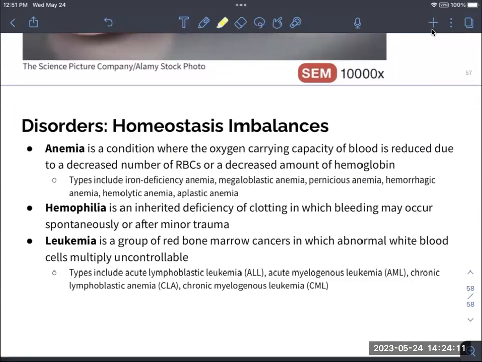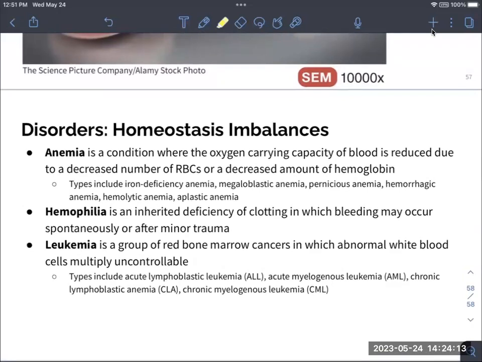Anemia. Again, anemia. They don't have enough oxygen capacity, usually because they don't have enough red blood cells. But it also can be because of not enough hemoglobin. There's lots of different types of anemia. There's iron deficiency anemia, megaloblastic anemia, pernicious anemia, hemorrhagic anemia, hemolytic anemia, aplastic anemia.